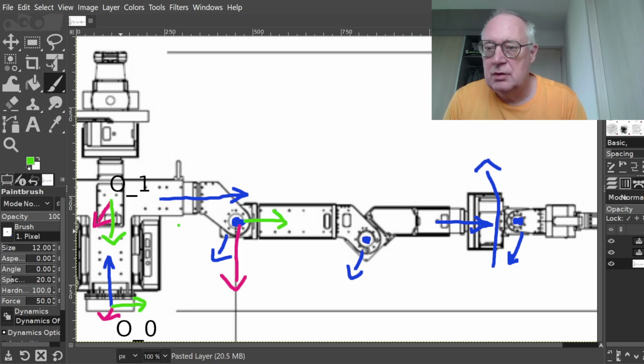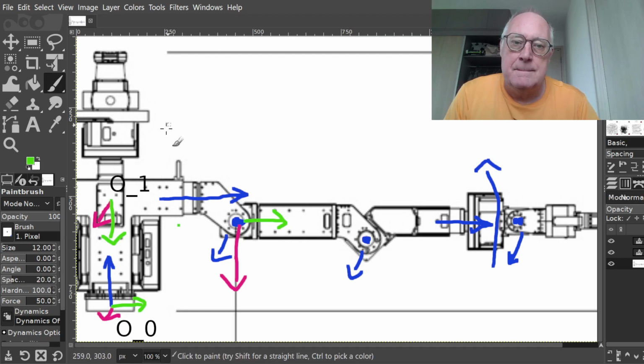Then theta 2. So now we have to rotate. So X has to be pointing downwards.